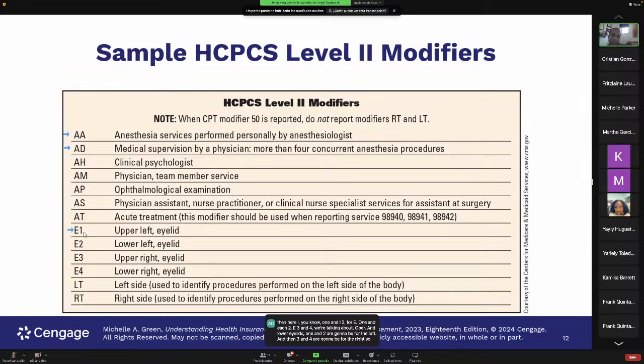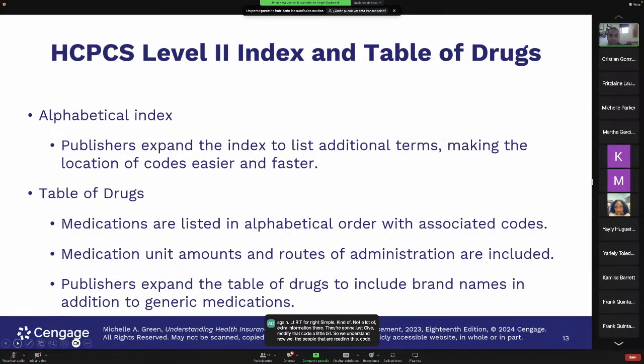So E1 upper left eyelid, E2 lower left eyelid, and again LT, RT for right and left. Simple, not a lot of extra information there. They're going to just modify that code a little bit, so the people that are reading this code, this bill that you're sending, understand what you're doing.